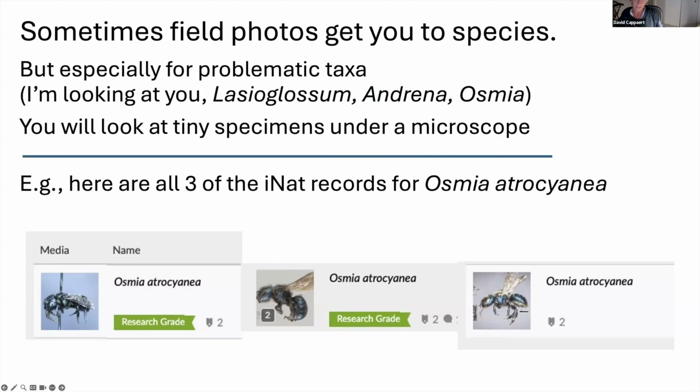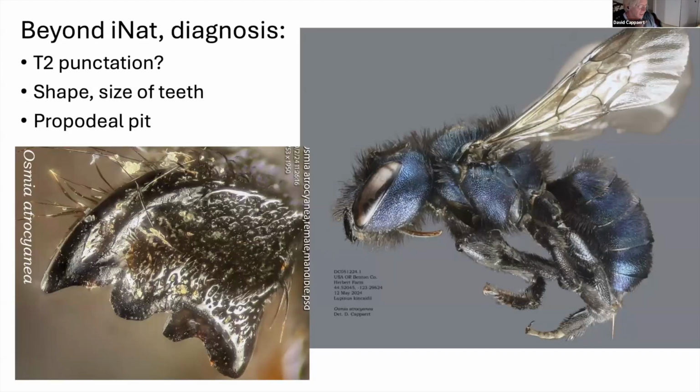But how did I get to atrocyanea in the first place? I did the hard stuff that you have to do if you want to get to species on a lot of these different little bugs. If you want to key something out in Osmia, you need to look at the punctation, how the pits are distributed and what they're next to, and the size and the shape of the teeth.